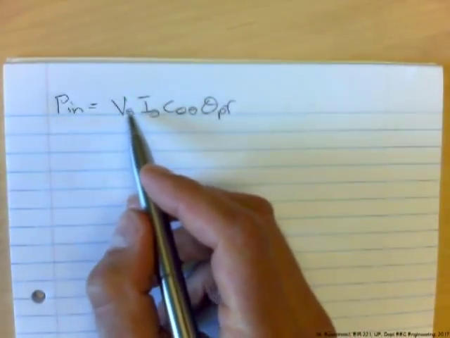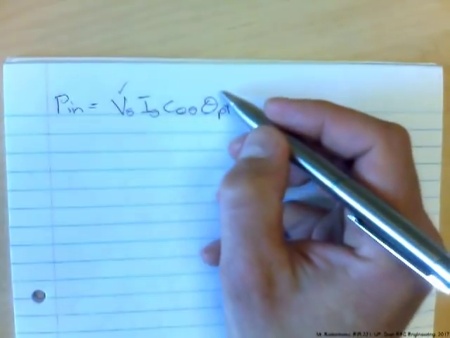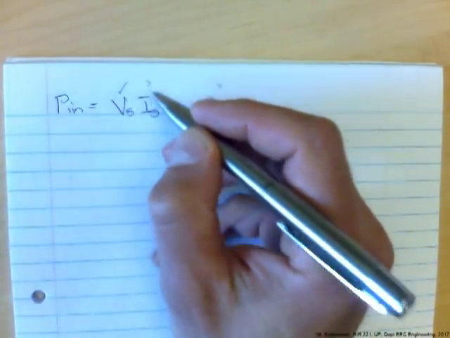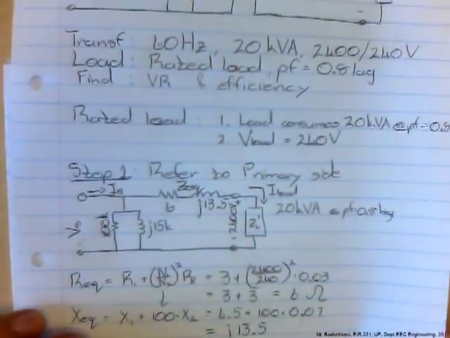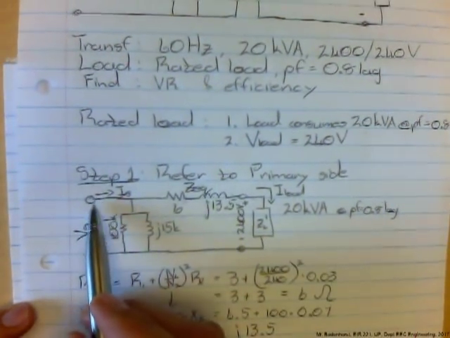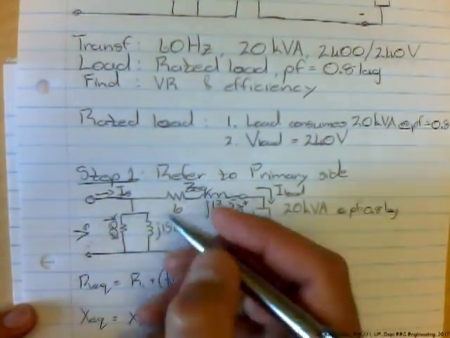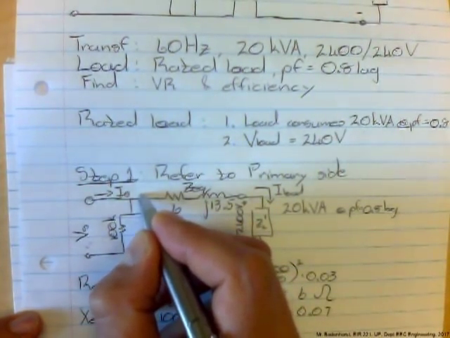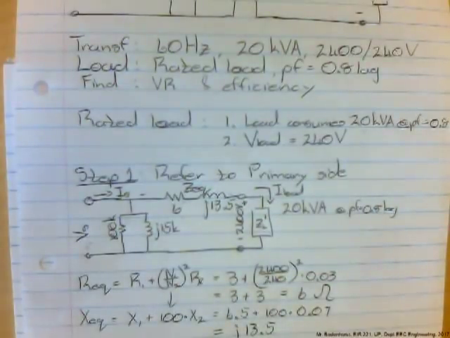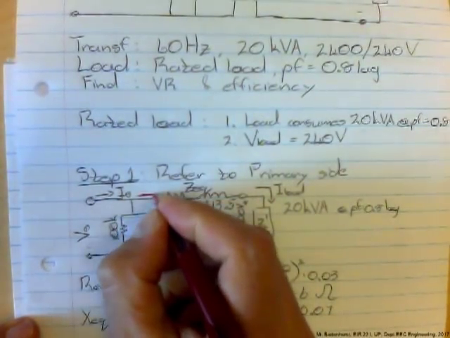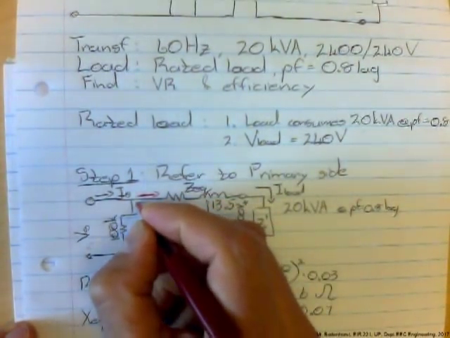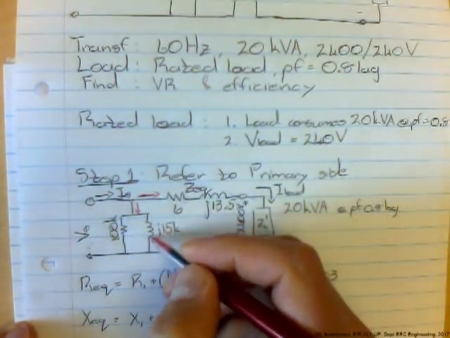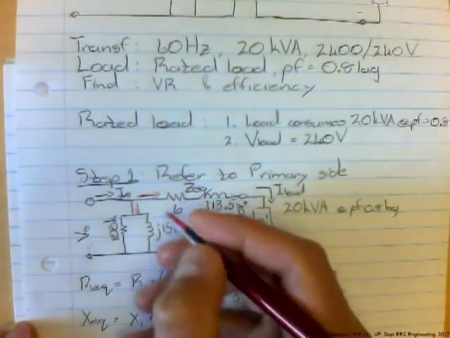So we have Vs, that's sorted. We don't have this power factor angle yet, so we need this Is. As we mentioned, Is is the current coming into those terminals. So the load current flows in this section. I'm just going to take a red pen. So we have a current flowing in this direction, which is our load current, but then we also have a current coming down in our excitation branch.